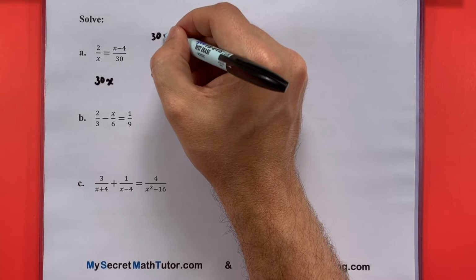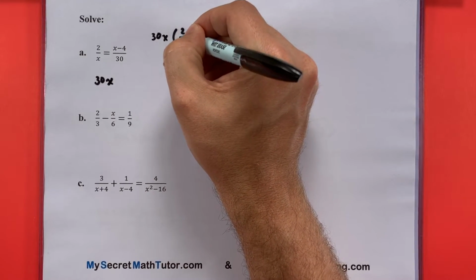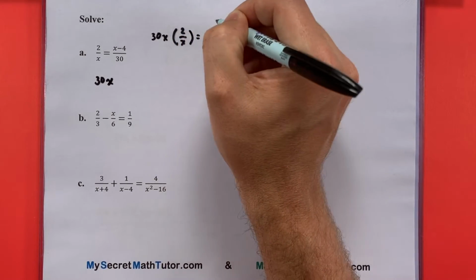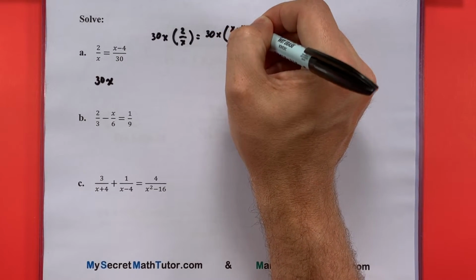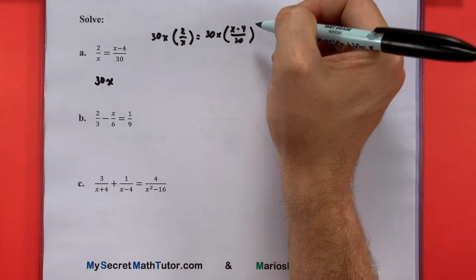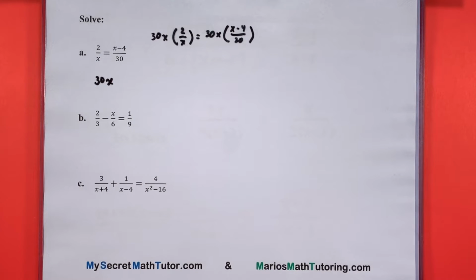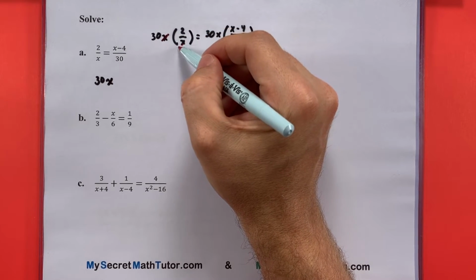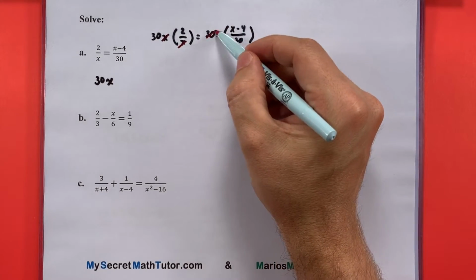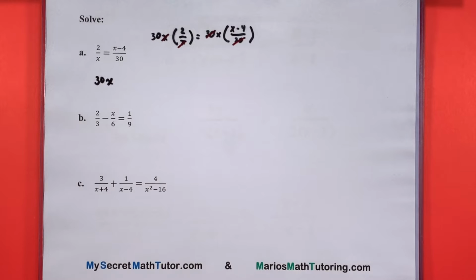So what I'm saying is I can take 30x, multiply it by 2 over x, and then take 30x, multiply it by x minus 4, all divided by 30. Now watch what happens when you do that and why it's such a nice process. These x's are going to cancel, and these 30s are going to cancel.